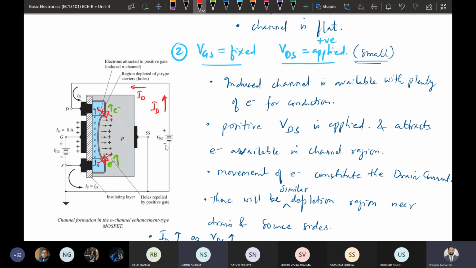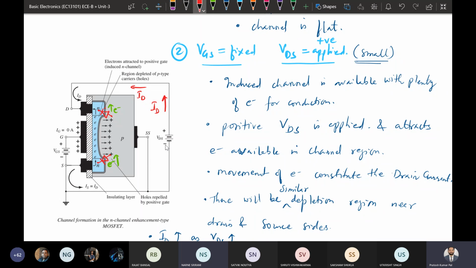Once we apply the negative gate to source voltage, instead of attracting the electrons, it will be attracting the holes from this n type substrate. So for P channel MOSFET we need to have n type substrate, so minority holes will be attracted towards this by applying the gate to source voltage that is negative.